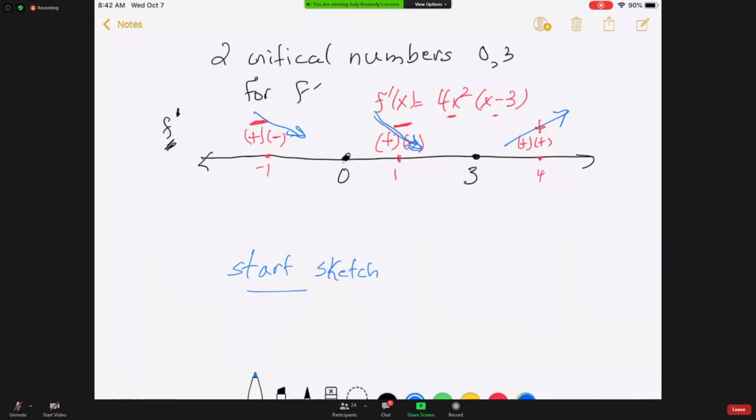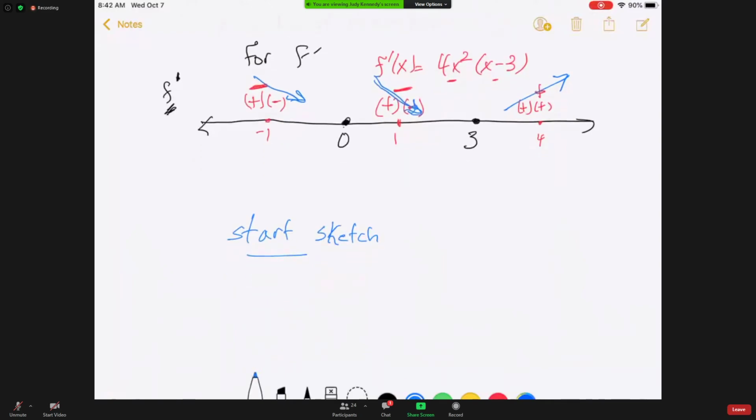Start my sketch. Okay. I guess I should figure out what's what first. Okay, so at 0. 0 is a critical number, but f of 0 is not a local maximum or minimum because the function decreases as it goes through 0.